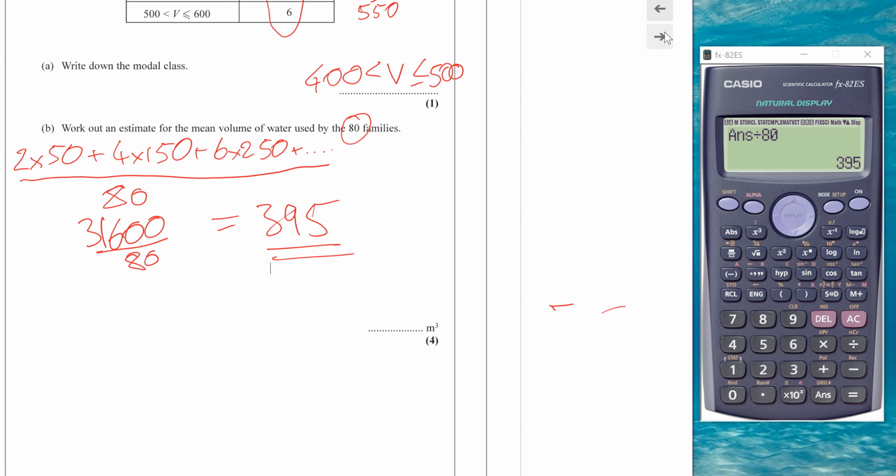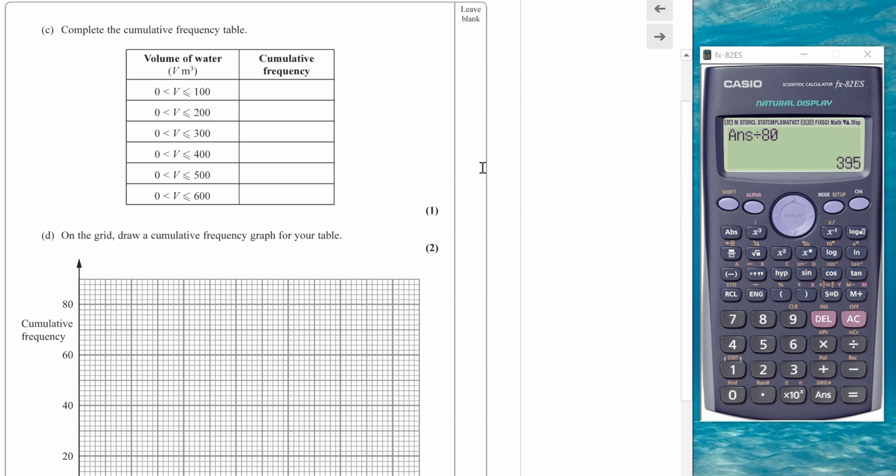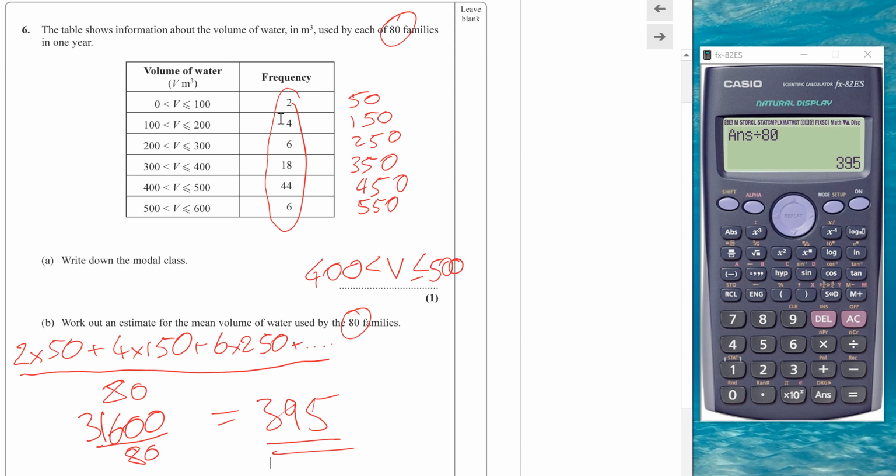This question actually has a second part to it. We've got to complete the cumulative frequency graph. So going between the 2 of them, we had 2 who were between 0 and 100. Our next value, we come back to the previous page, we had 4 values there between 100 and 200.